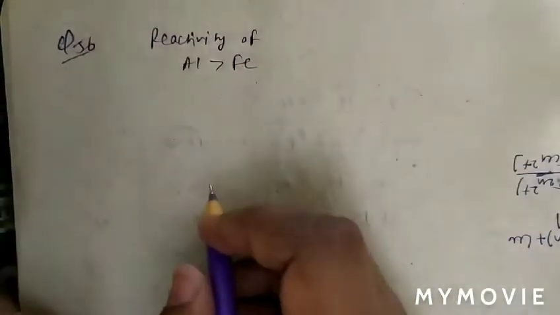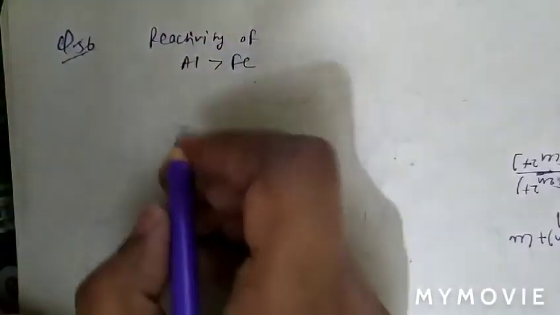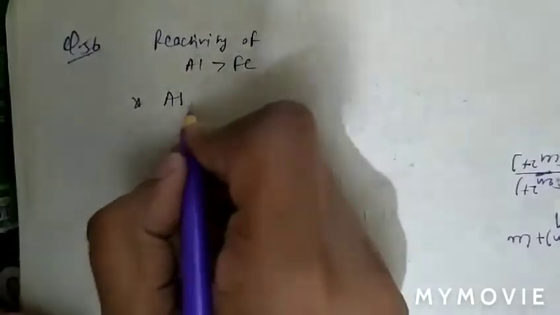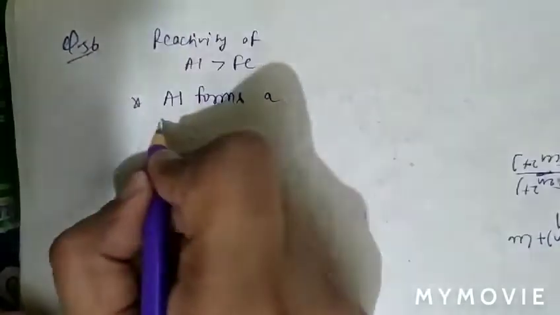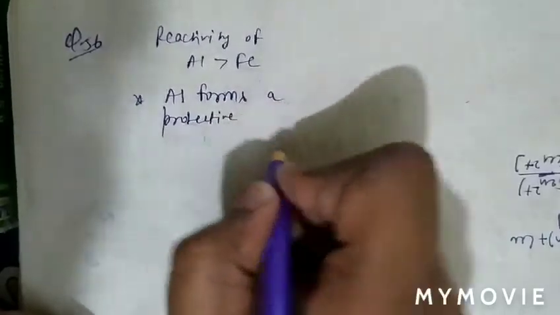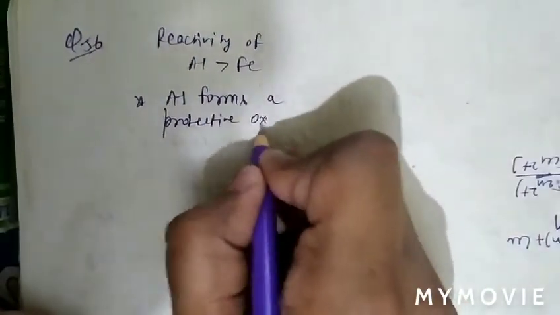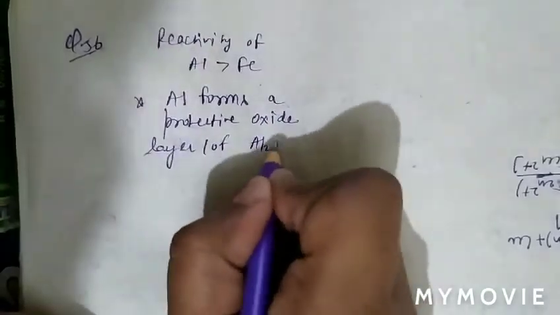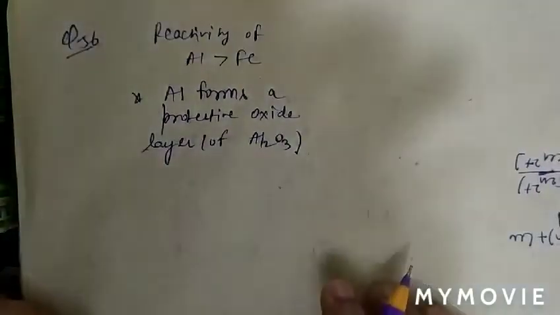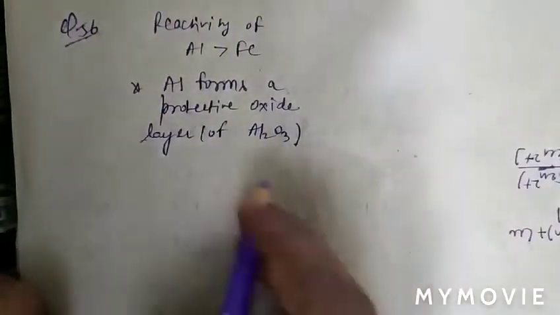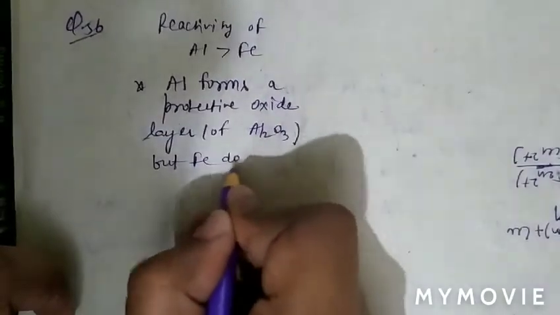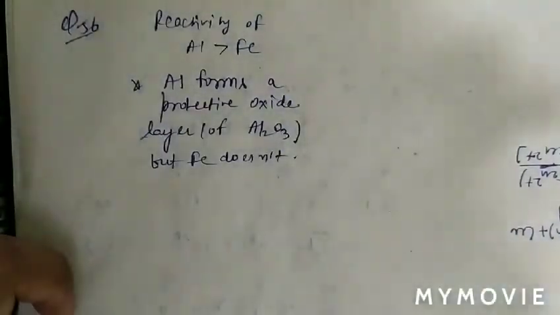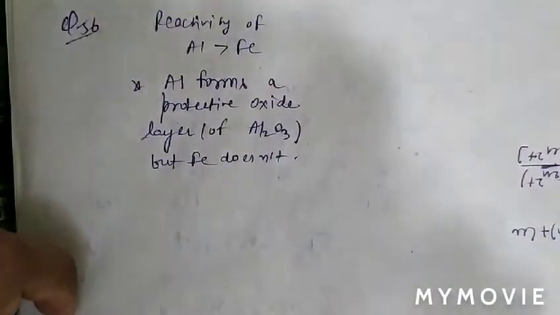But aluminium is less easily corroded than iron, because, as we know, aluminium forms a protective oxide layer of Al2O3, but iron does not. Therefore, we can say that aluminium is less easily corroded than iron. So question number 56, option C is correct.